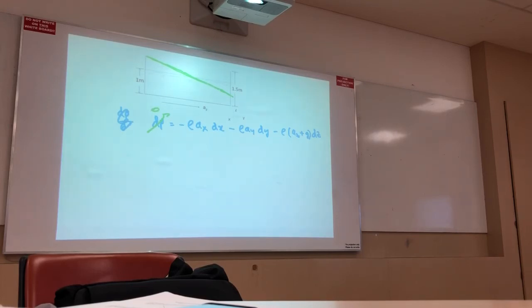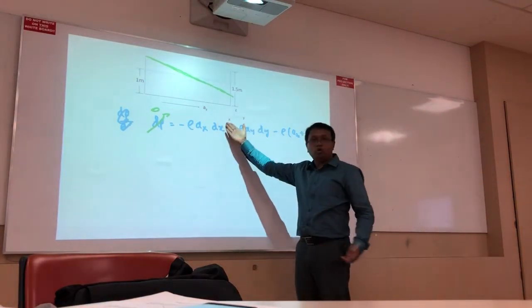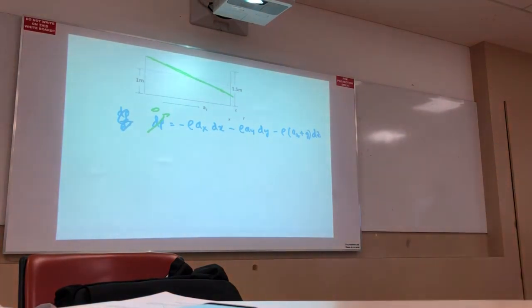So, can you tell me, is there any acceleration in the x-axis? X is this direction. No, right? In this question, there is no acceleration in the x-axis. This is 0. The acceleration in the z-axis is also 0. Only there is acceleration in the y-axis.